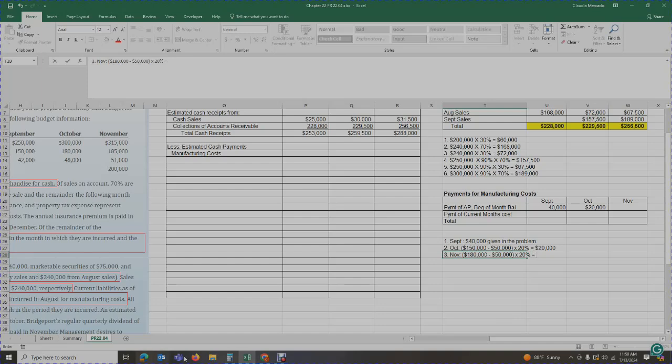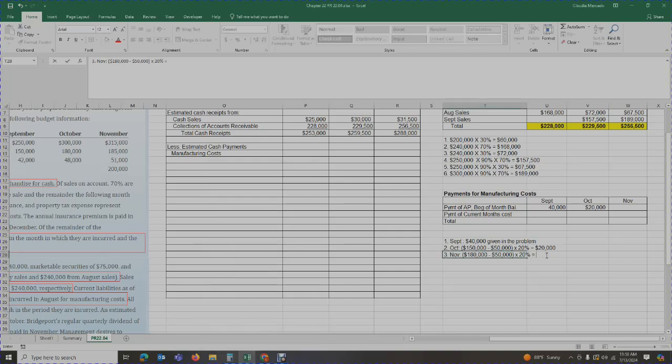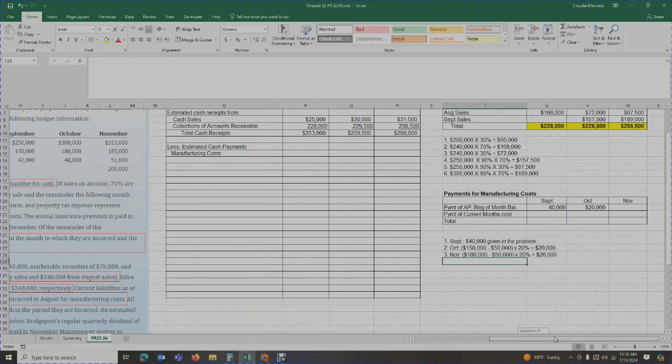So 180,000 minus 50,000 is 130,000, times 20%, which gives me $26,000. This $26,000 is for the payment of your manufacturing cost from October, because in October we pay 80% and in November we pay 20%.